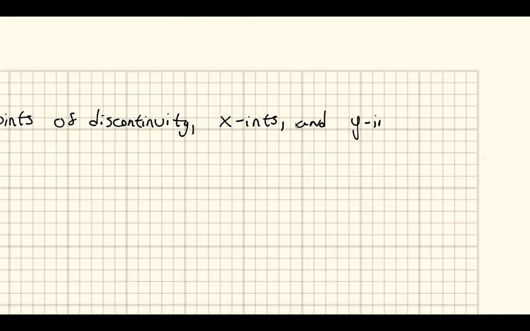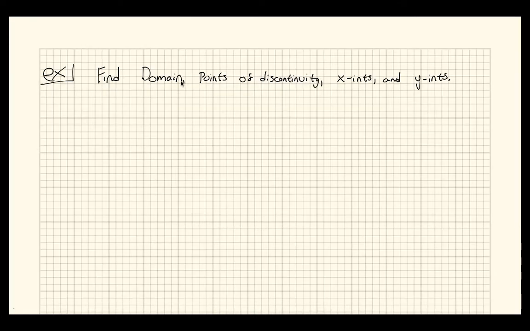Okay. These are all the steps you're going to have to do in some of the problems for homework. So 4 parts. Find the domain, points of discontinuity, x ints, and y ints. And you'll find that domain and points of discontinuity are pretty well connected. So here's our equation. Y equals x squared minus 3x minus 4 over x minus 4.